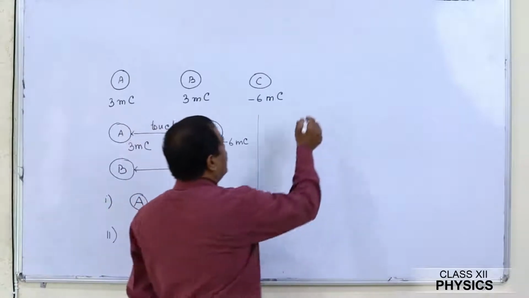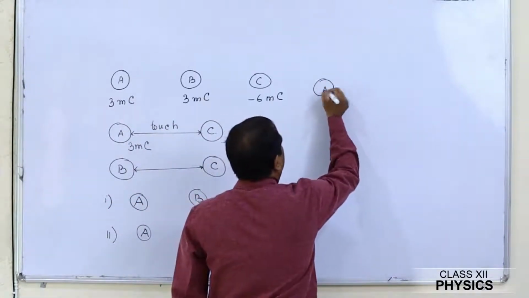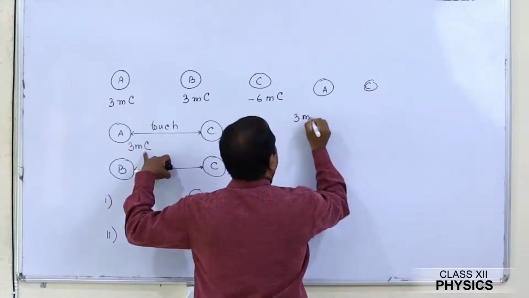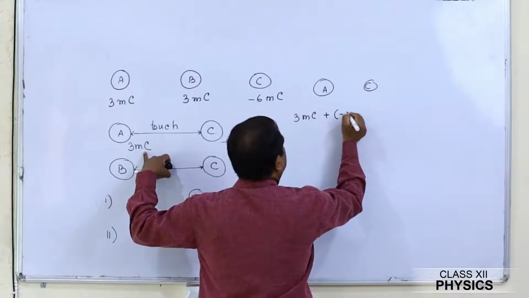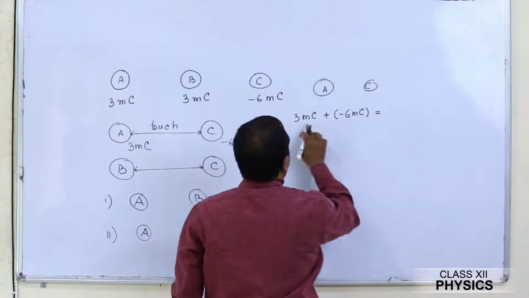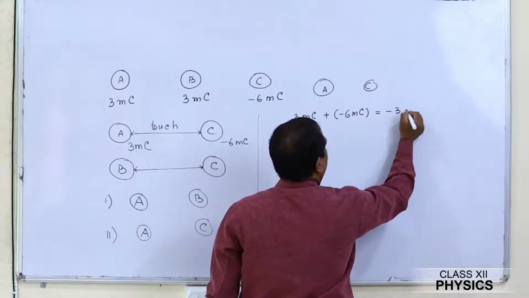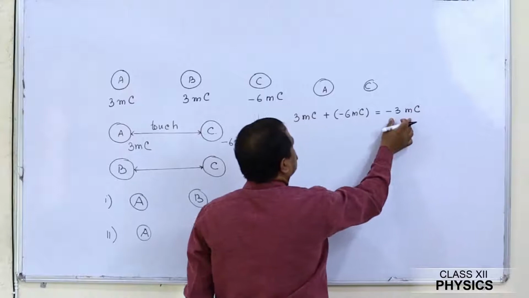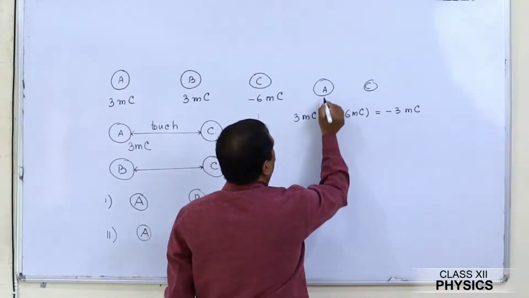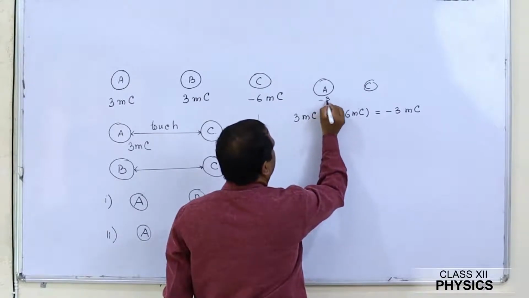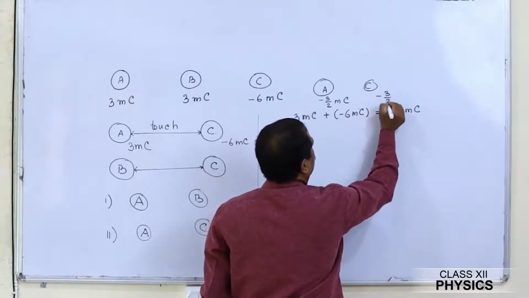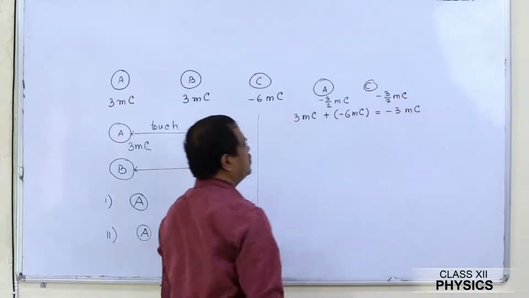We will see that when A and C touch with one another, 3 millicoulomb plus minus 6 millicoulomb is equal to minus 3 millicoulomb, and this charge will be shared by the two bodies. As such, body A will have minus 3 by 2 millicoulomb and body C will have minus 3 by 2 millicoulomb. This is the first instance.